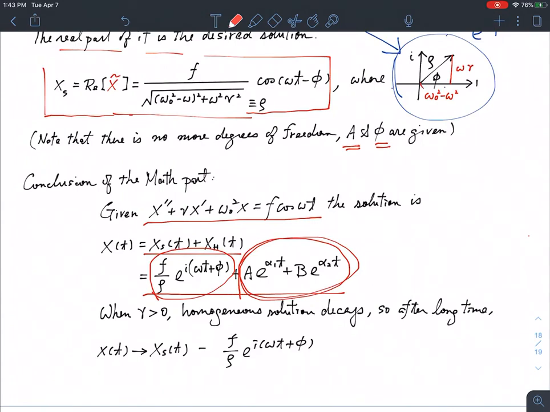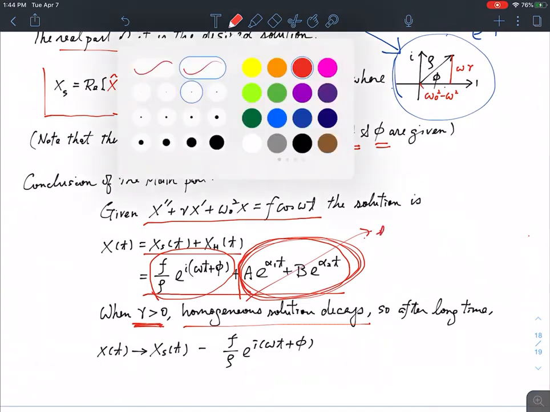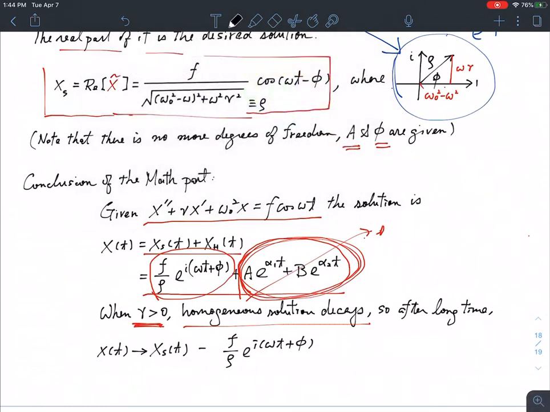On the other hand, as long as the damping gamma is larger than 0, the homogeneous solution will decay. In the presence of friction, this term will always decay. So after a long time, this term is gone. If we wait for long enough, the solution will be left with only the special solution, which is this part.